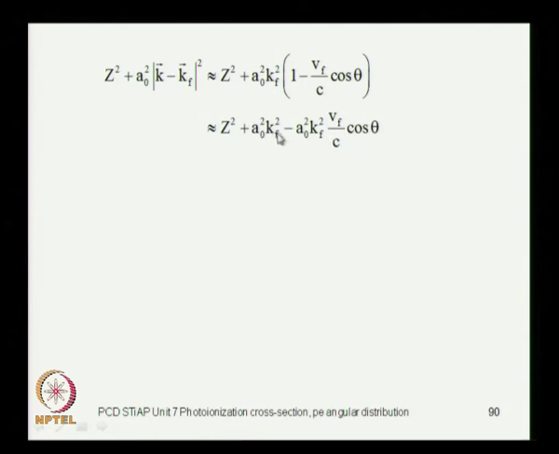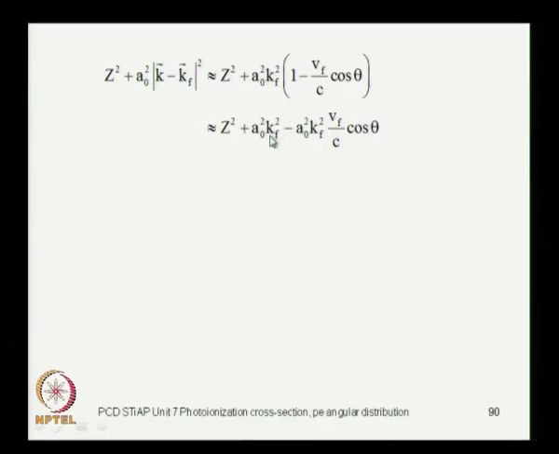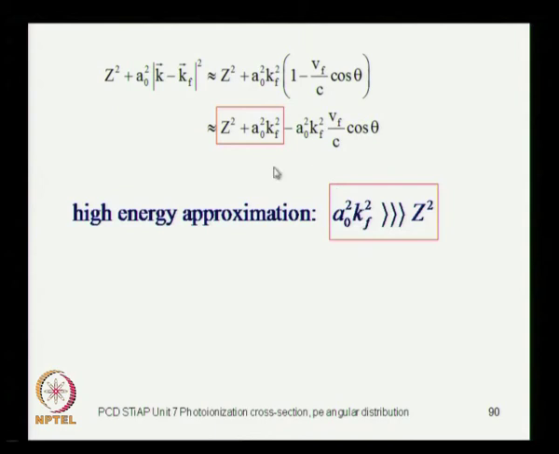So, those are the 3 terms on the right side, but then this kf, which is proportional to the momentum of the ejected electron, and this momentum is very high, okay, because we are working within the premise of the Born approximation. So, because this momentum is very high, this term is much larger than z square. So, you can ignore this z square compared to this.